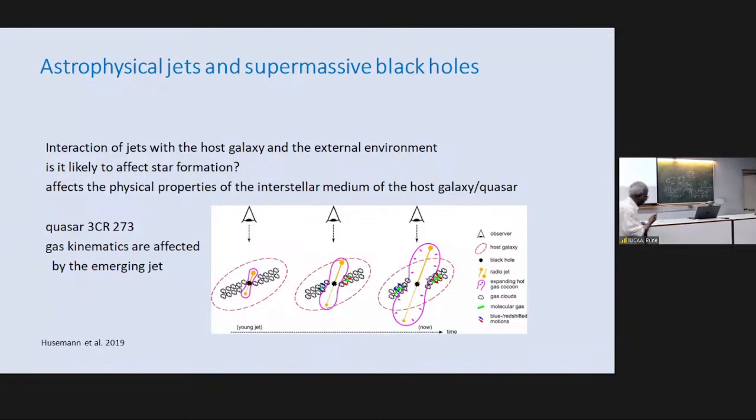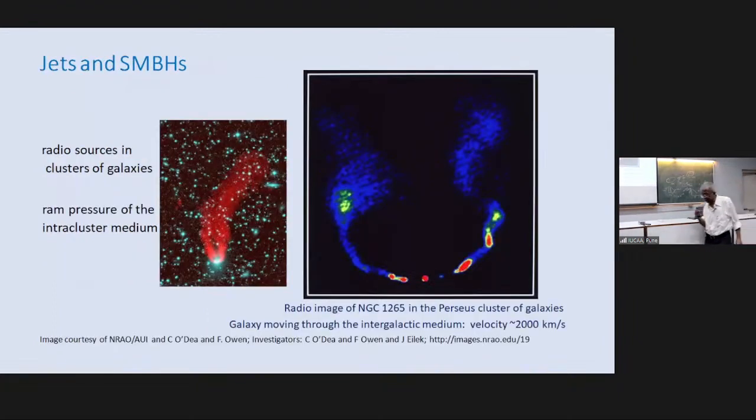And so you see evidence observationally of both effects, where star formation is diminished as well as enhanced. So it's a different set of physical conditions, but both effects are seen. So jets have a profound effect on the interstellar medium of the galaxy.